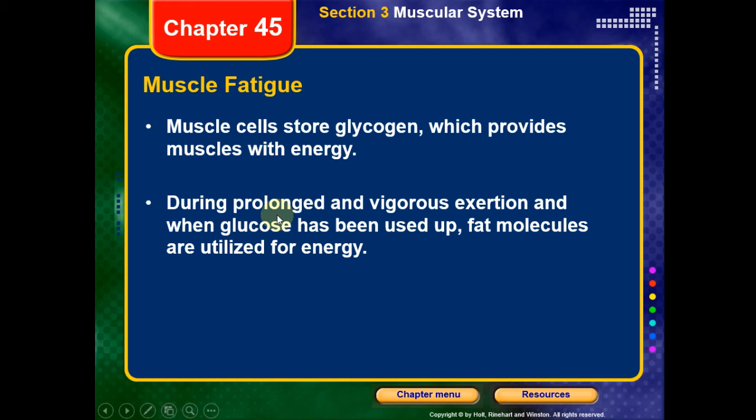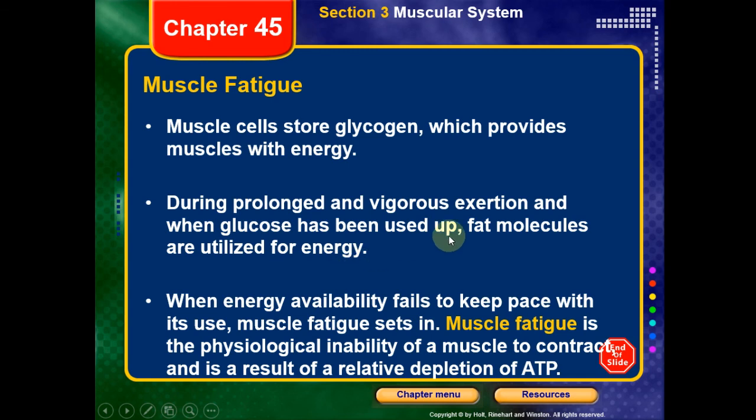During prolonged and vigorous exertion, when glucose has been used up, fat is utilized for energy. So once the glucose finishes, it will start to use the fat molecules. When energy availability fails to keep pace with its use, muscle fatigue sets in.